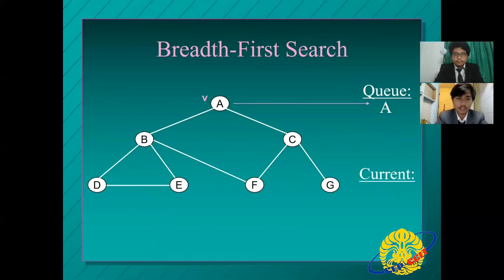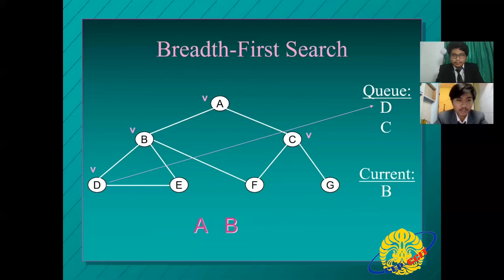I will choose vertex A and put A on the queue, and then the current is A. Vertex A is shown, and adjacent to A are vertex B and C. Put vertex B on the queue, and then the current is B. B is shown on the graph, and adjacent to B are vertex D and vertex E. Put vertex D and vertex E on the queue.